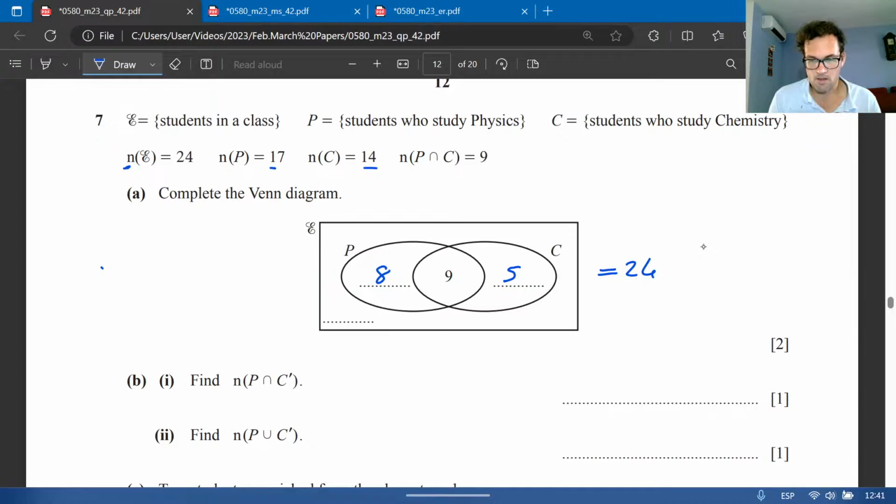So everything makes sense. In P, there is 17. In C, there is 14. And overlapping is 9. Now if we add the 8, the 9, and the 5, what do we get? We get 22. But we know it needs to be 24. So that means there's 2 students that are not studying physics or chemistry, but they're in the class.